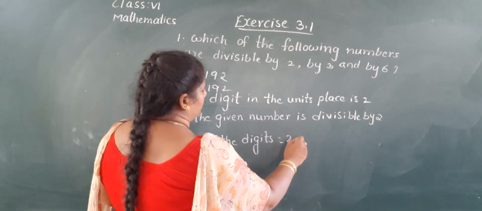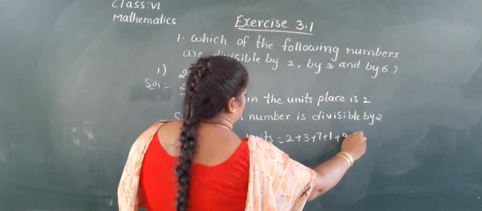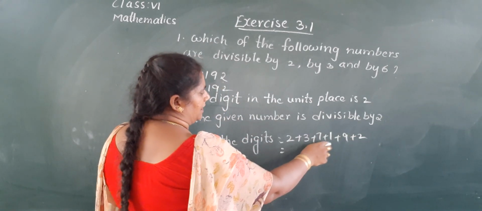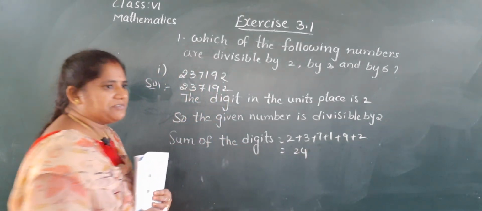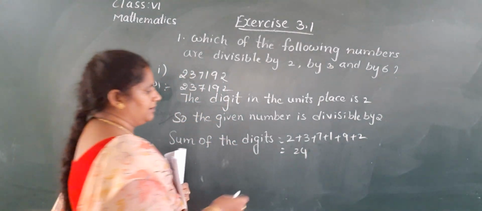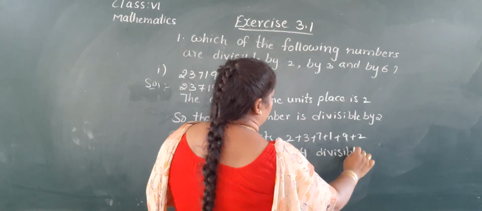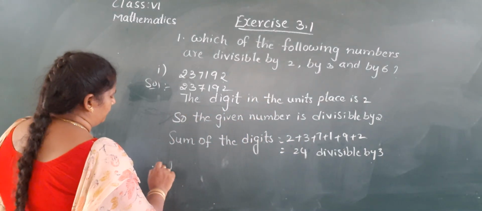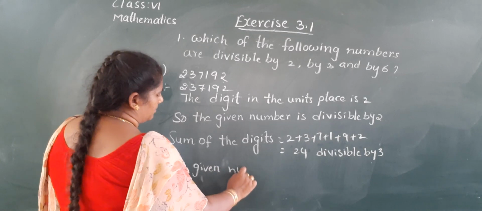Sum of the digits: 2 plus 3 plus 7 plus 1 plus 9 plus 2. 2 plus 3 is 5, 5 plus 7 is 12, 13, 22, 24. 24 is divisible by 3. Therefore, the given number is divisible by 3.